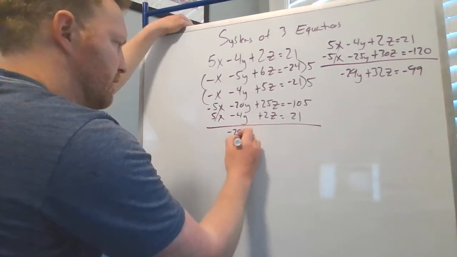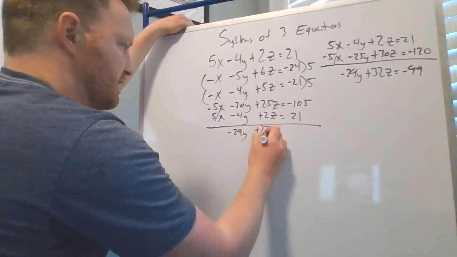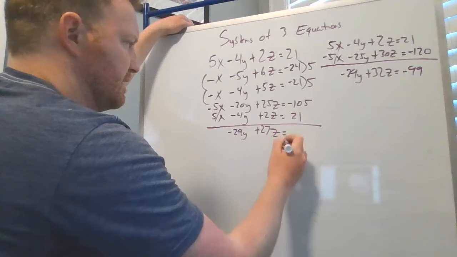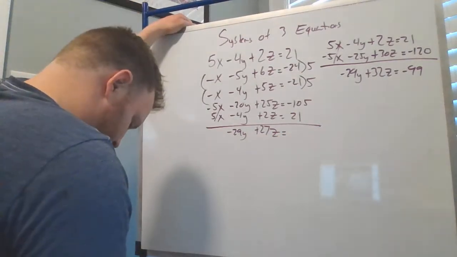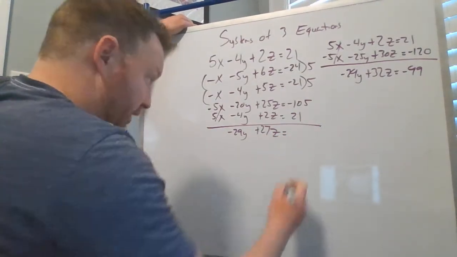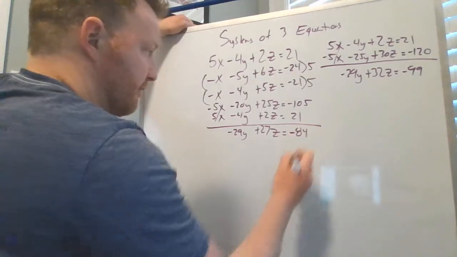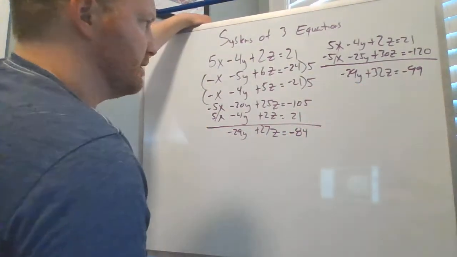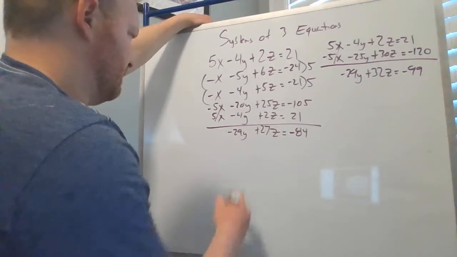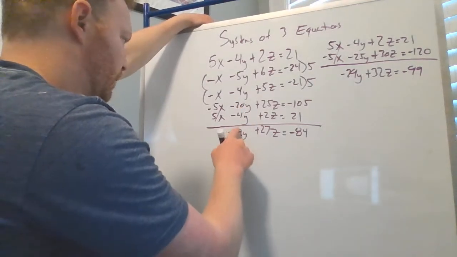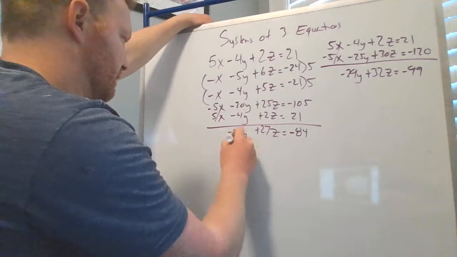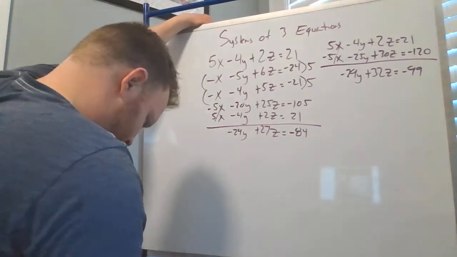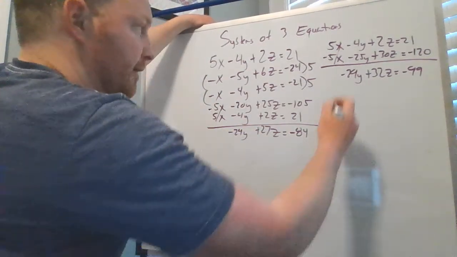Negative 29y plus 27z equals 105 minus 21 is negative 84. So now I'm looking at these guys, and hold on, this is a negative 24, right? Yeah, sorry about that.